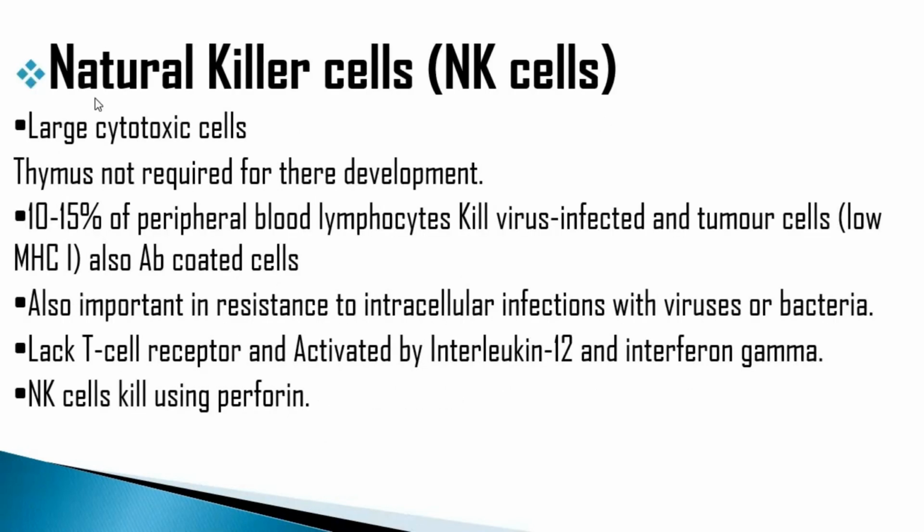Alright, now let's shift our attention to natural killer cells, the very important cells of both the innate immune system and the adaptive immune system. Natural killer cells are very large cytotoxic cells. What this means is that natural killer cells will kill cells that have been infected by a microbe.